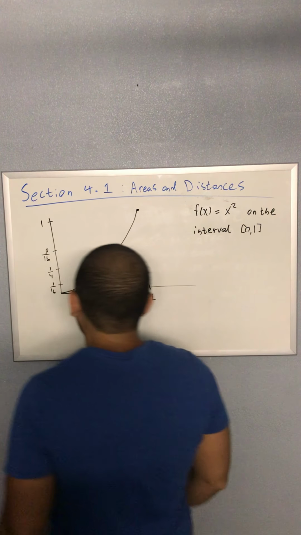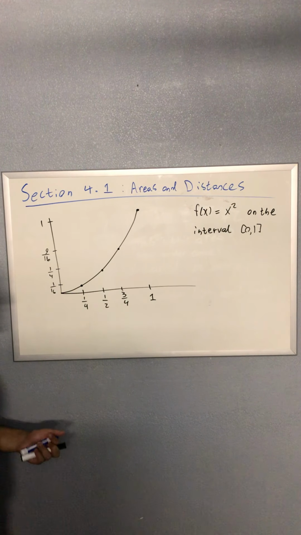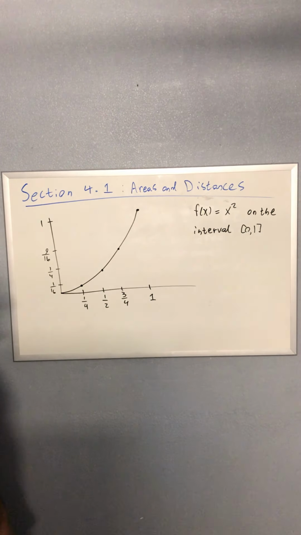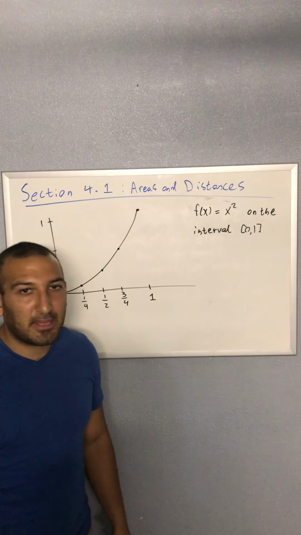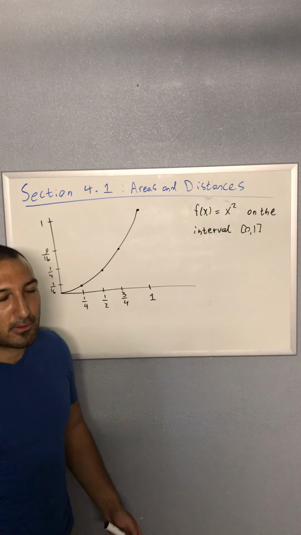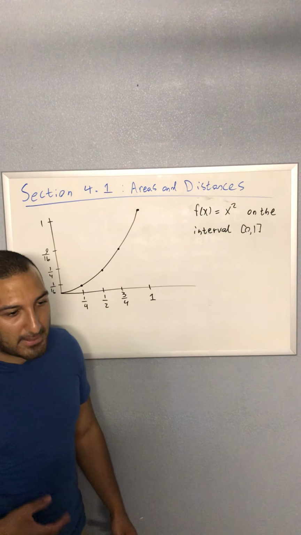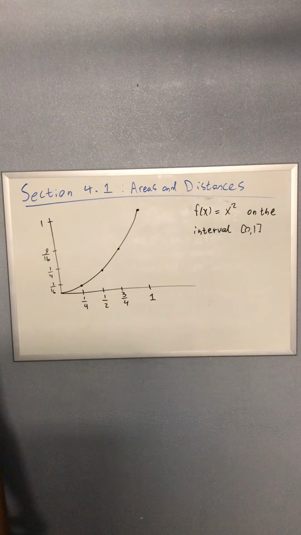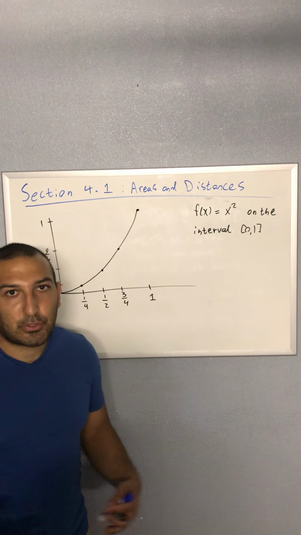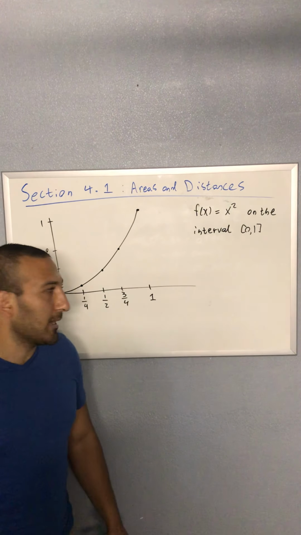Okay, so we want to calculate the area under the curve here. And how many things do we know the area of exactly that are curved? Basically, not too much, maybe like an ellipse and a circle, but that's not going to help us out too much here. We do know very well the area of things that are made out of straight lines though, like rectangles, triangles, and things like that.